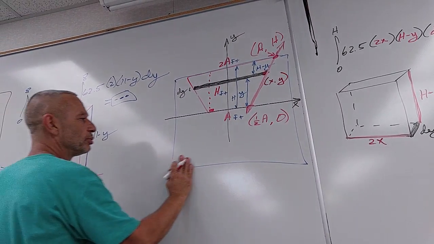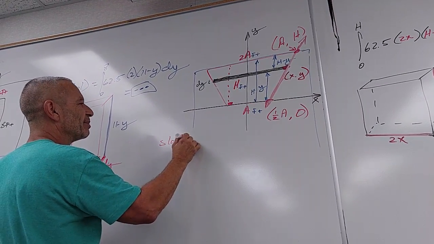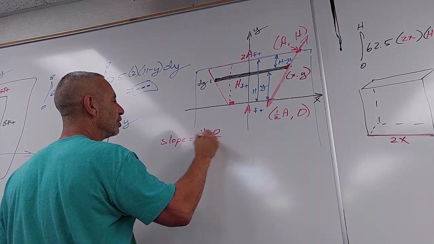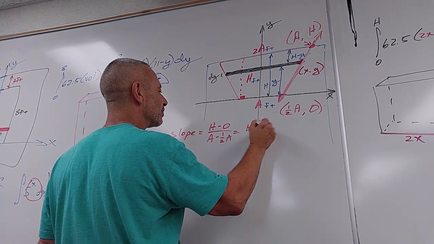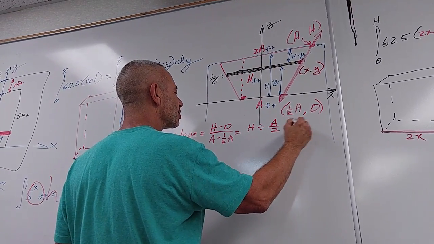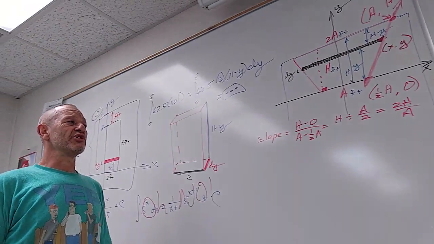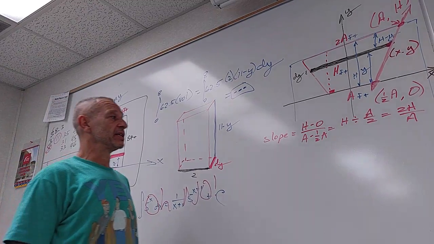The slope, it might be easier to just calculate this one. H minus 0 over a minus 1/2 a. So that's h divided by a over 2, so that's 2h over a. And again, the a and the h don't bother us because they're just constants that will be supplied at a later date.